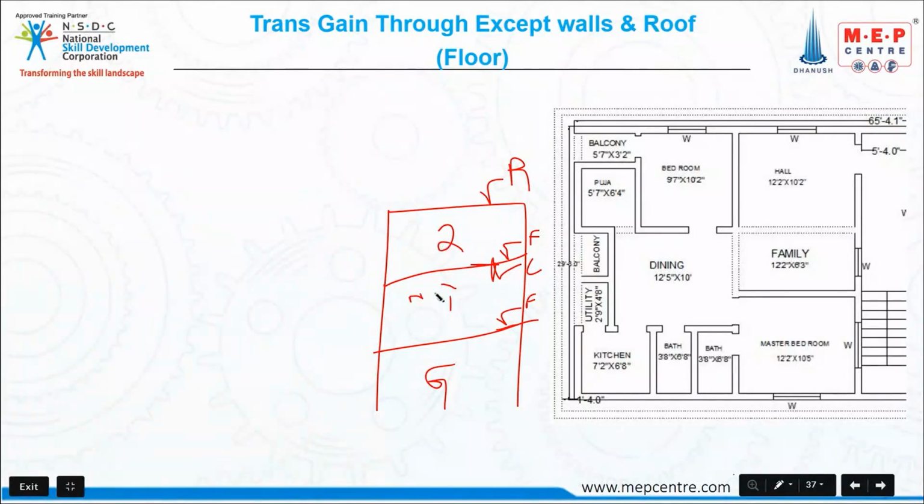Suppose मैं फर्स्ट फ्लोर का लोड कैलकुलेट कर रहा हूं. अभी मैं फर्स्ट फ्लोर का लोड कैलकुलेशन कर रहा हूं. सेकंड फ्लोर नॉन एसी है. मैं सीलिंग लोड कैलकुलेशंस में कंसिडर करता हूं. From ceiling, heat is traveling from second floor to first floor. If ceiling is AC, then I will not consider in the load calculations.